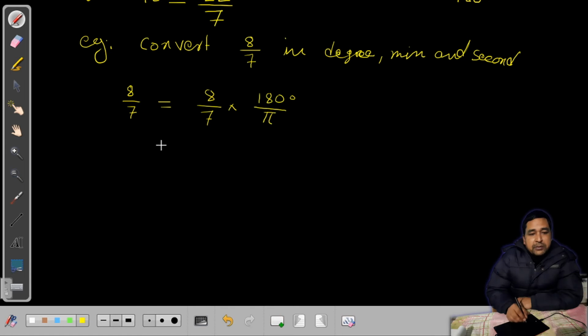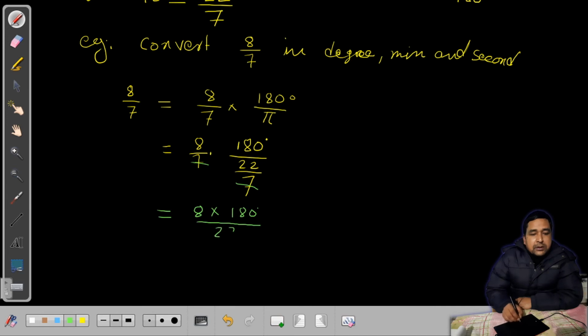Now substitute the value of pi: 8 upon 7 multiplied by 180 degree divided by 22 upon 7. Now this 7 cancels. Now this equals 8 multiplied by 180 degree divided by 22. Now 2 4s are 8, 2 11s are 22.